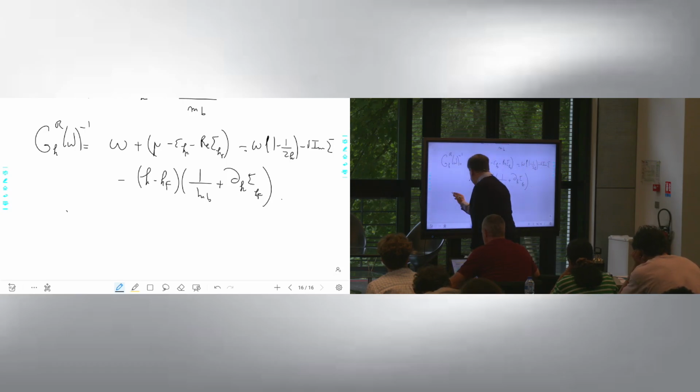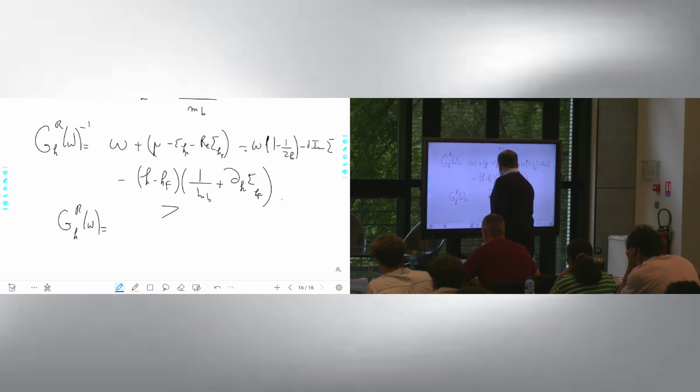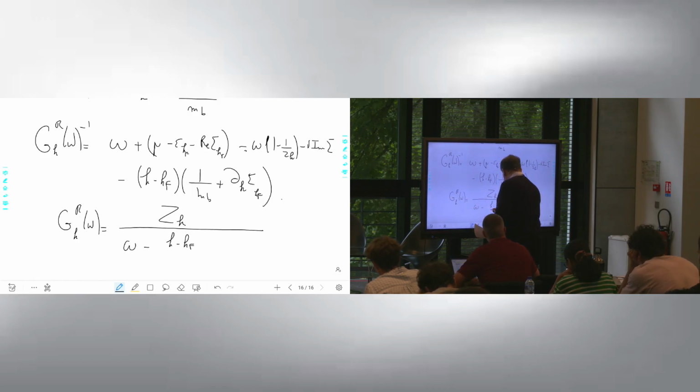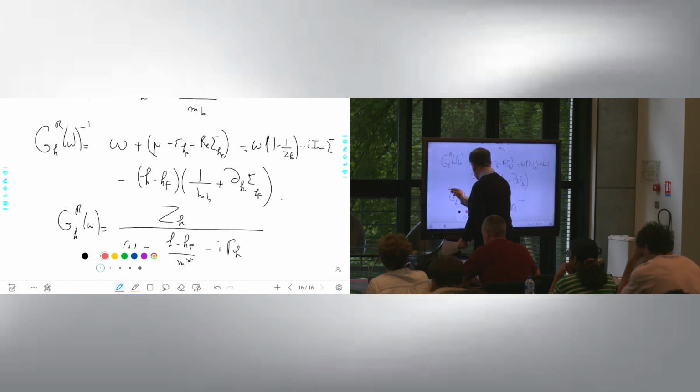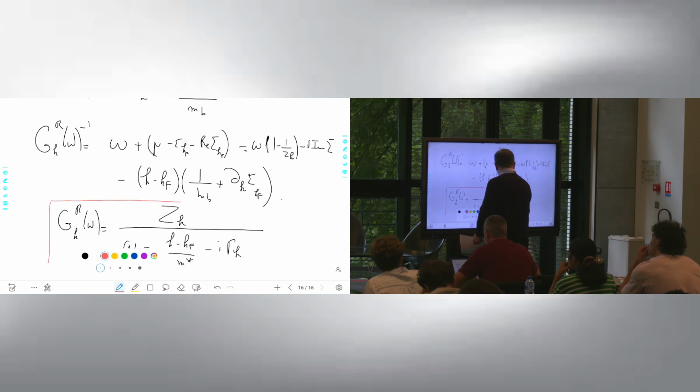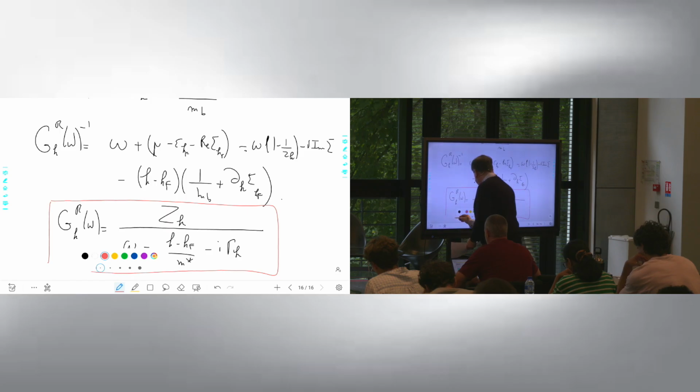So your Green function is going to be G_k^R of omega equal Zk over, by just rewriting this term, k minus kF over m star, minus i gamma k. That's an important formula.